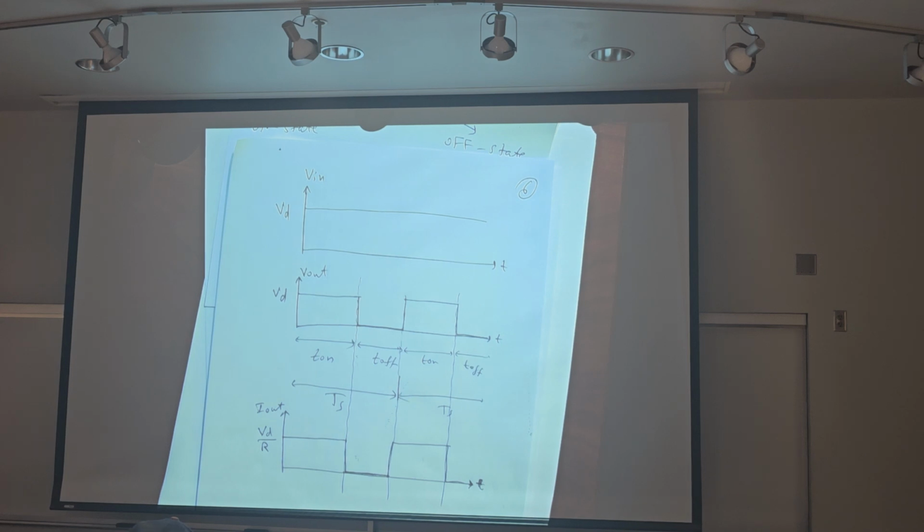But what decides this on time or off period? This circuit, the control circuit, will decide on and off.